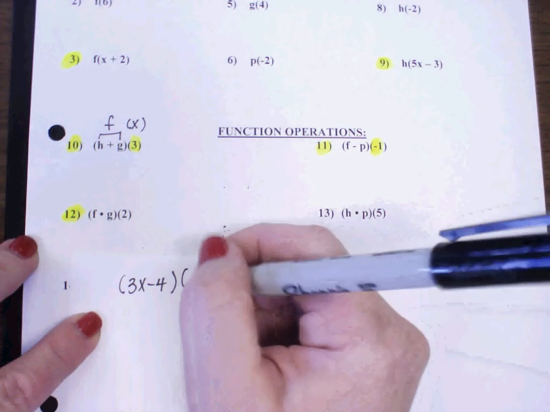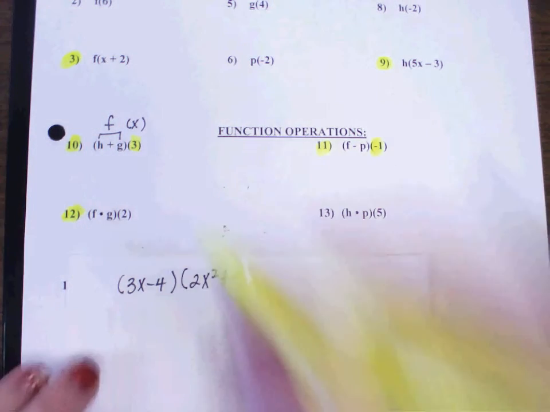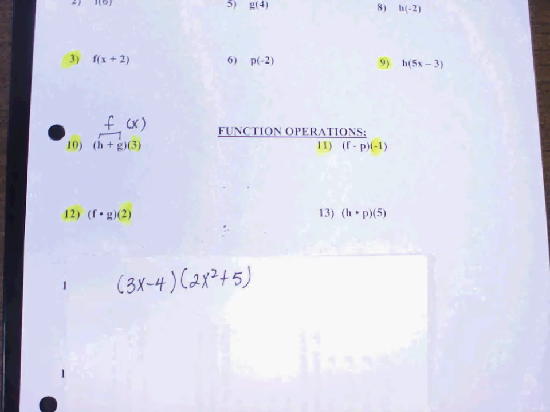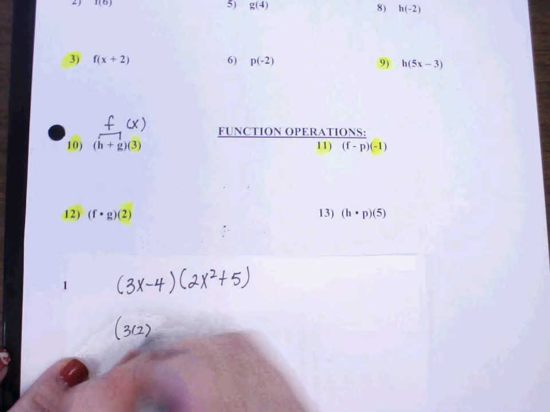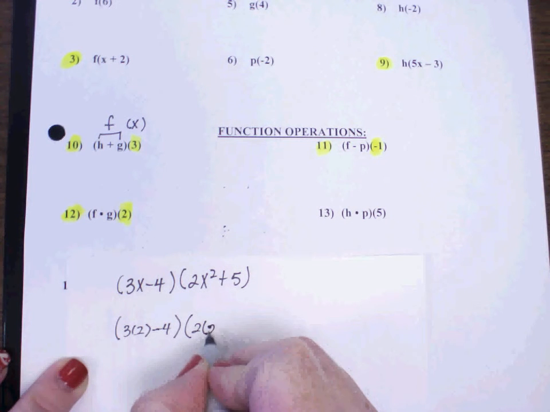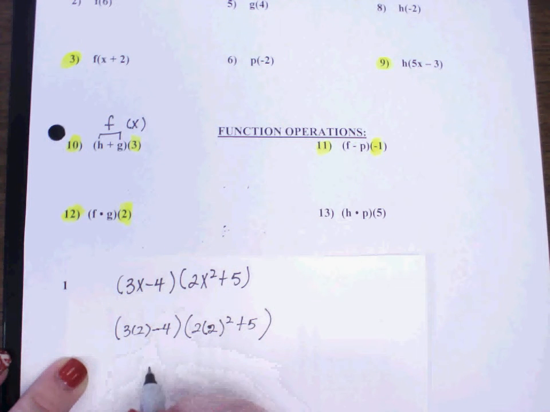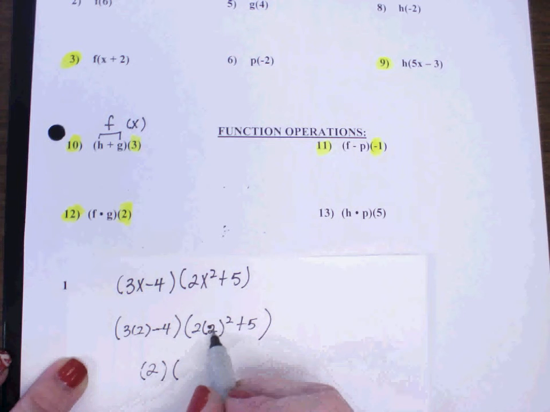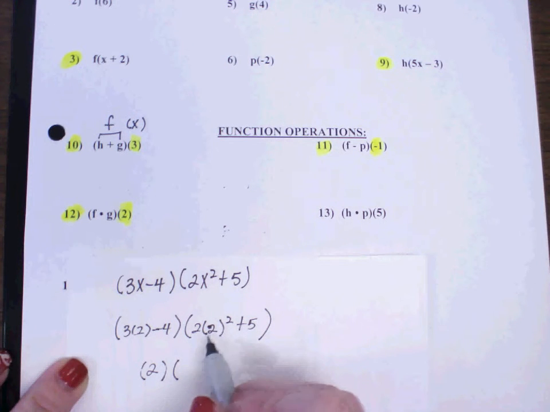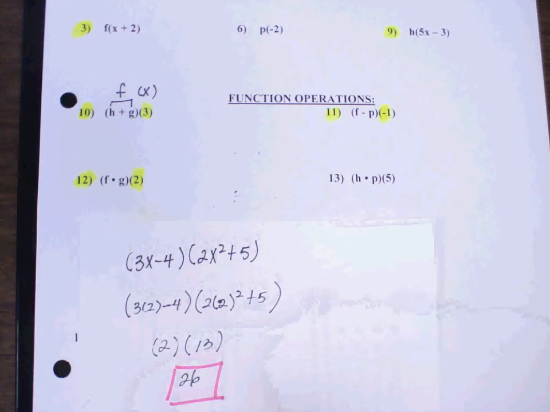So this is 3 times 2 minus 4, 2 times 2 to the square plus 5. I get 26. But I did it in my head, so help me out. 26? All right.